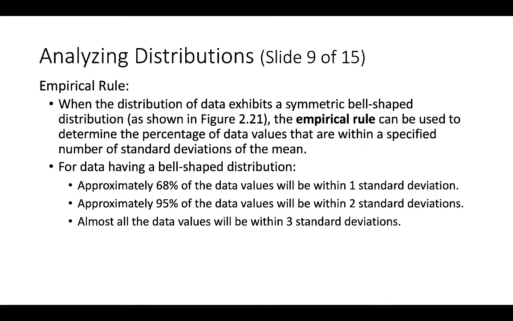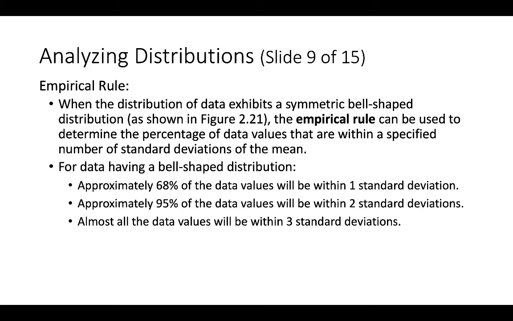For example, the height of adult males in the US has a bell-shaped distribution with a mean of approximately 69.5 inches and a standard deviation of approximately 3 inches. Using the empirical rule, we can conclude that approximately 68% of adult males in the US have heights between 69.5 minus 3 equals 66.5, and 69.5 plus 3 equals 72.5 inches.